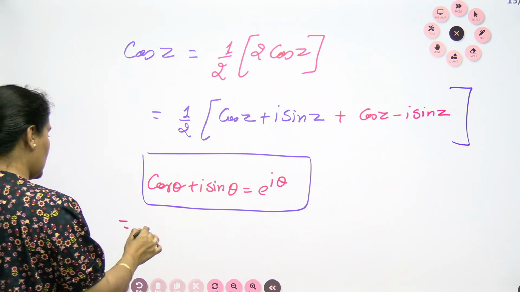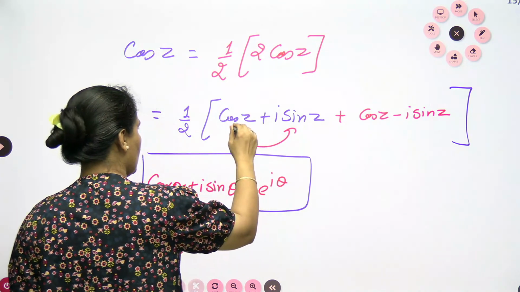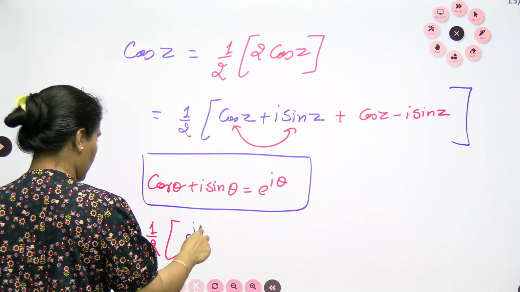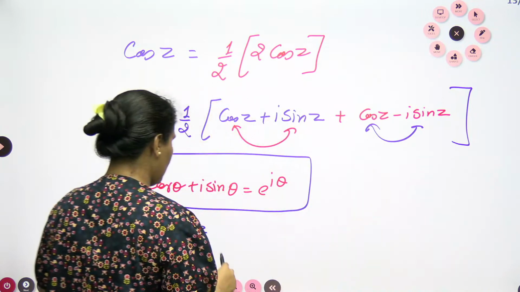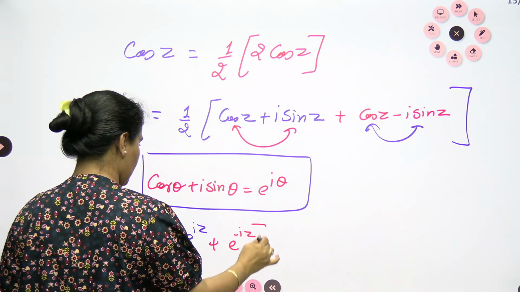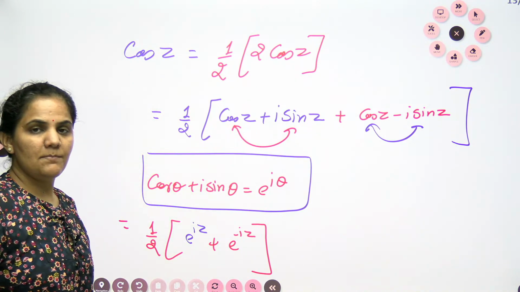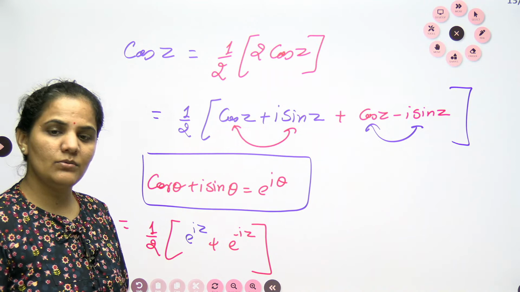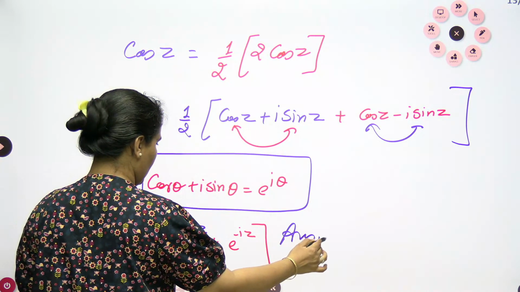So I can use the same technique here: 1 by 2, from here to here it will be e to the power iota z, and from here to here it will be plus e to the power minus iota z. So this will be my simple answer, 1 by 2 e power iota z plus e to the power minus iota z.